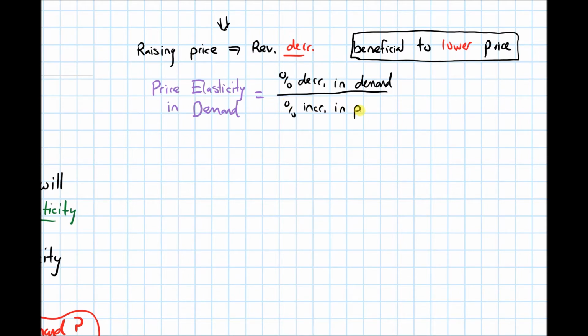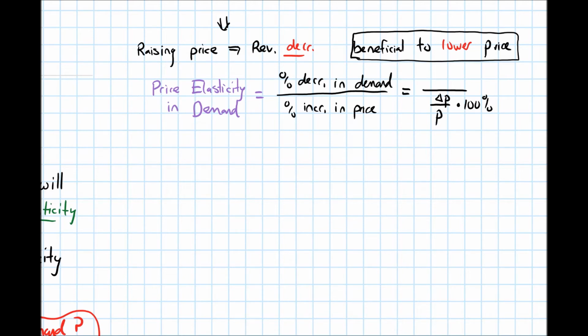So for the percentage increase in price, the way we figured out that percentage increase was we got the change in the price, and then we divided it by the initial price, which I'll just call P. And then we convert it to a percentage by multiplying by 100. Now for the numerator, it's also a percentage change, but it's the percentage that the demand decreases.